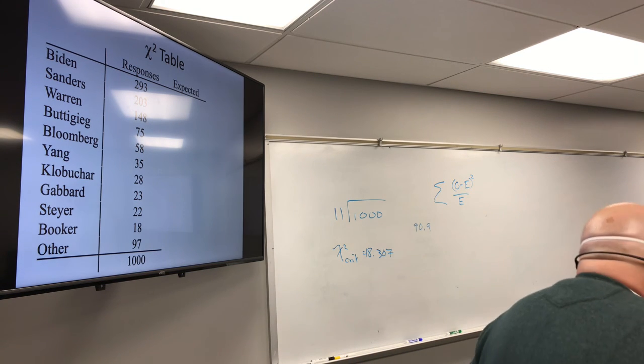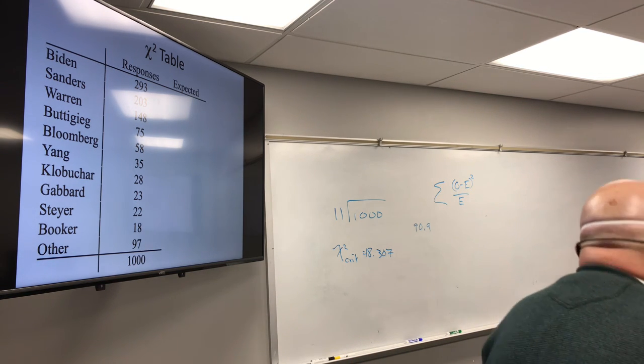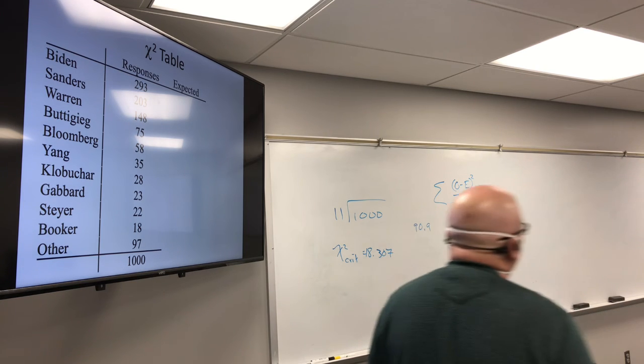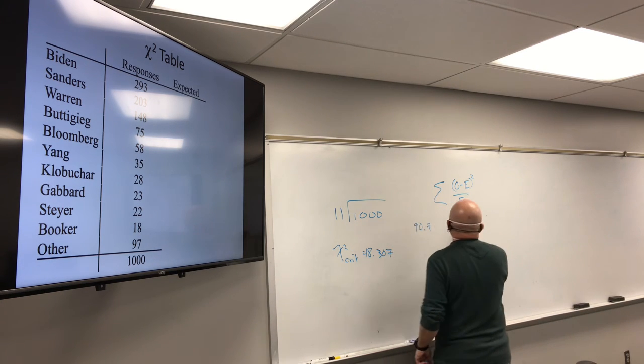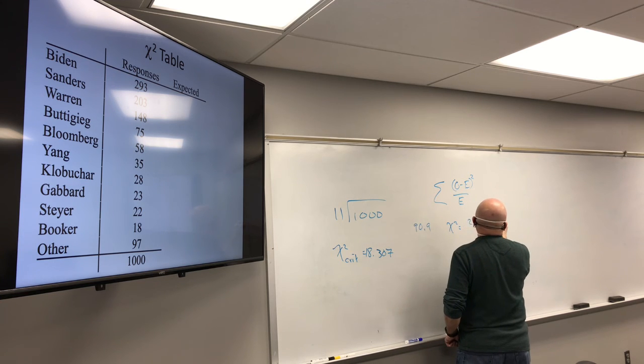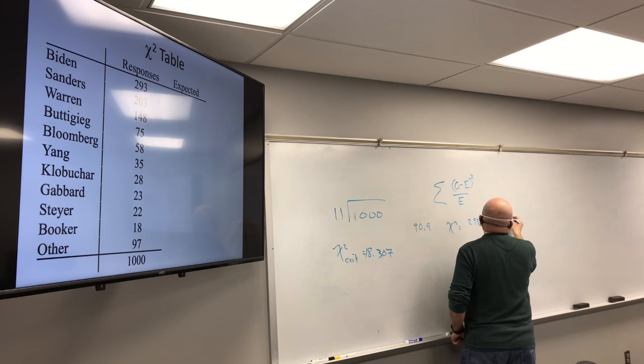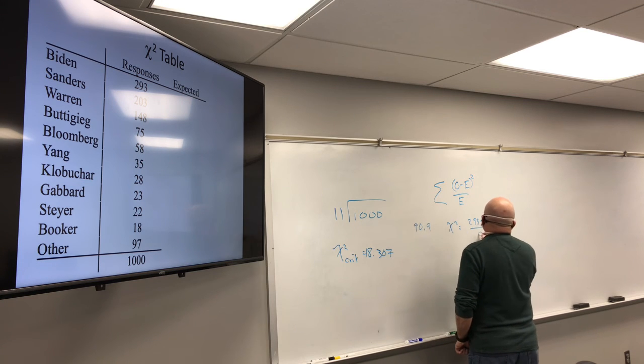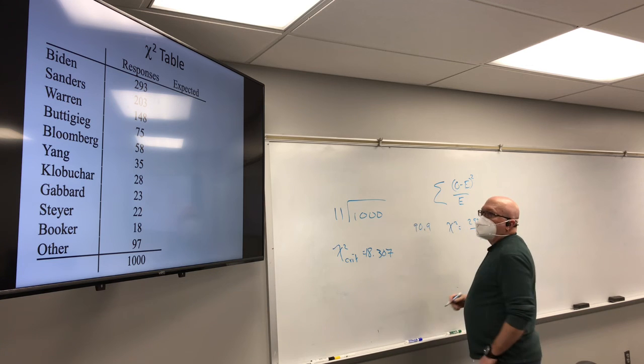So we just do the same thing we did with- So pull that. Well, I see it now. So the chi-square is going to be 293 minus 90.90900909 divided by 90.90900909, et cetera.